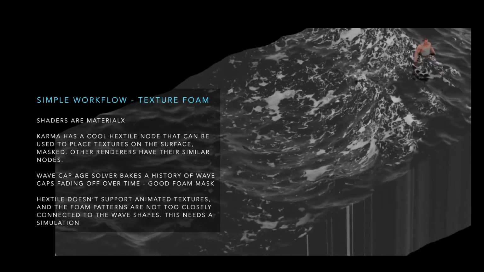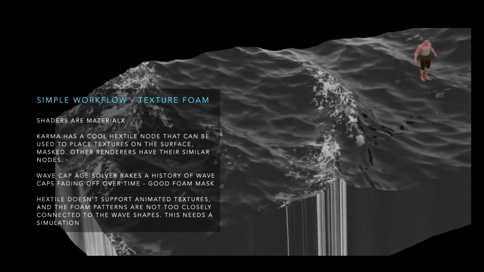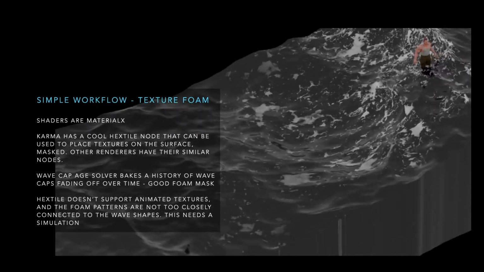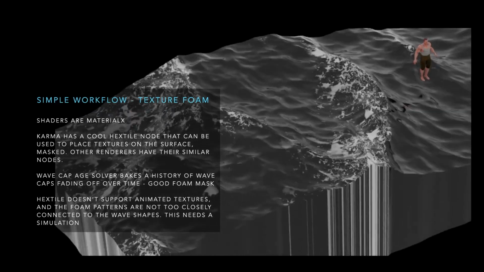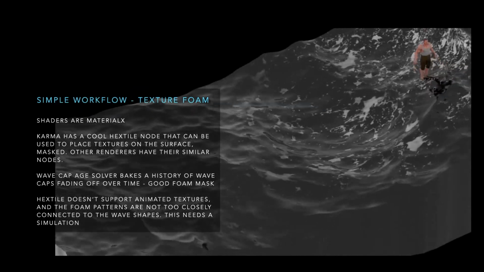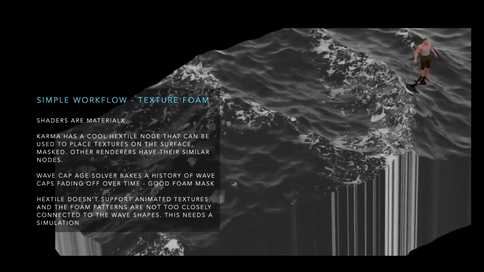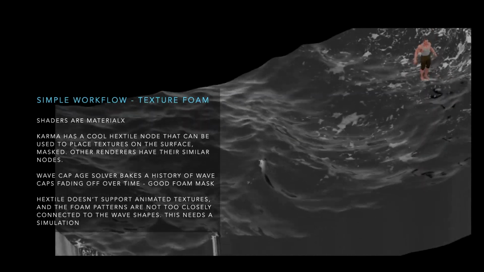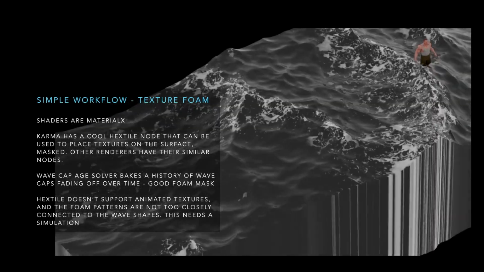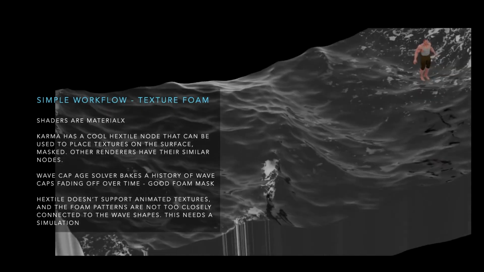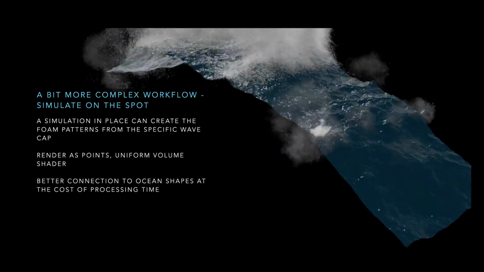The other disadvantage is that these shapes are not closely connected to the small shapes of the crests of the waves, which also points to the fact that we have the eye in the crest of the wave missing, and for this we obviously need something a little bit more sophisticated.